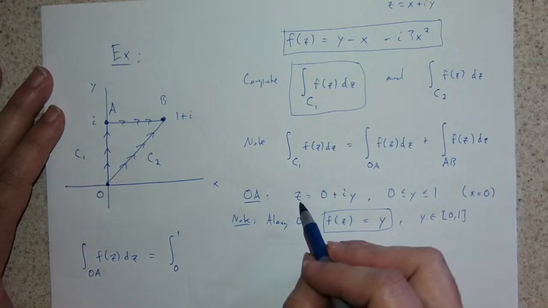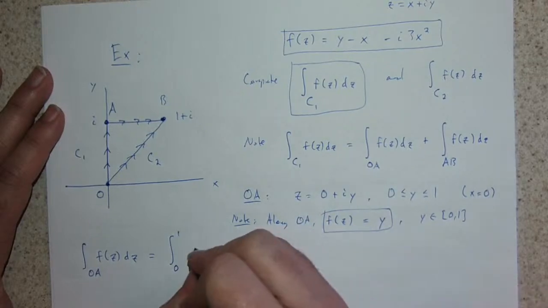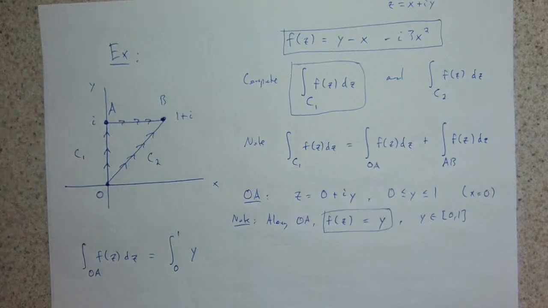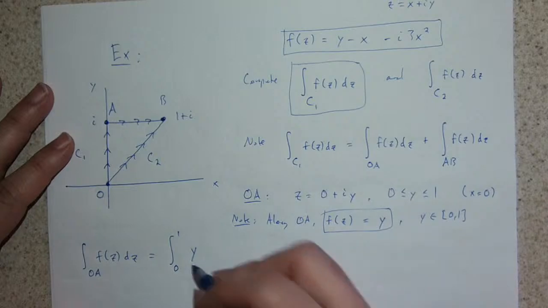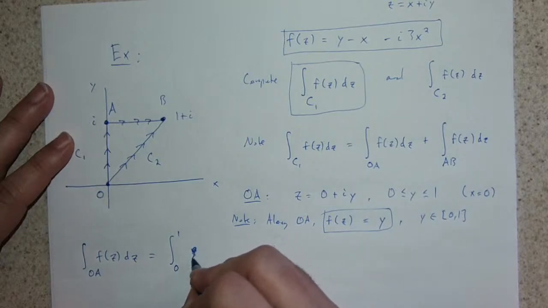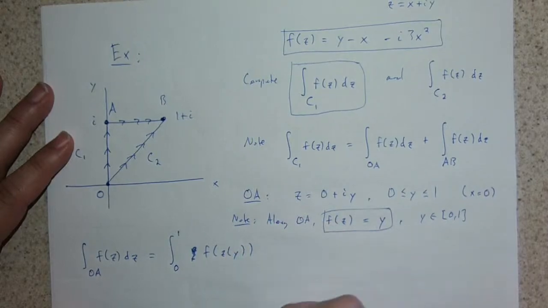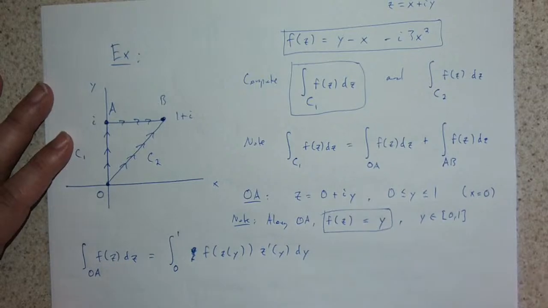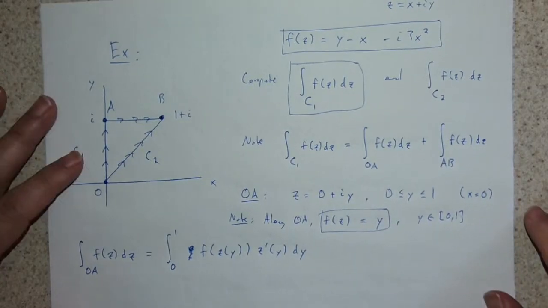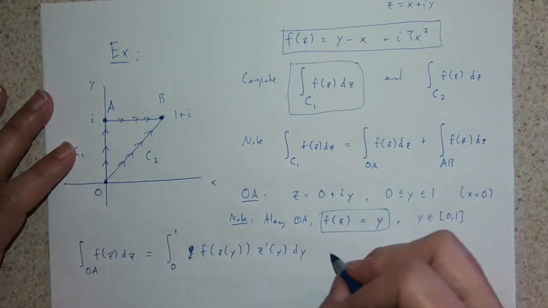Well, here, that parameter t is actually y, so this is f of z of y, which is just y, right, times the derivative of z of y, right? So maybe let's rewrite this. Let's say f of z of y here, right, times z prime of y dy. This might give you a better understanding of what's happening here. So this is just from my definition of contour integral.